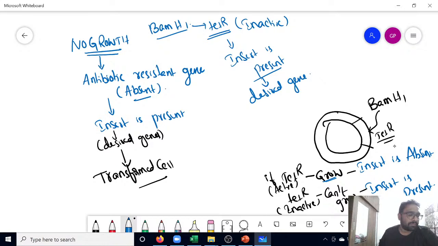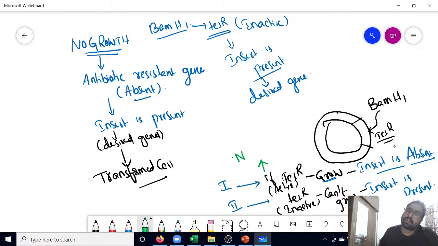So if insert is absent means what? Say this is row number 1, row number 2. Now guys, tell me which is transformed, which is non-transformed. This is non-transformed. Why, students? Insert is absent means TET-R is active, so no desired gene.